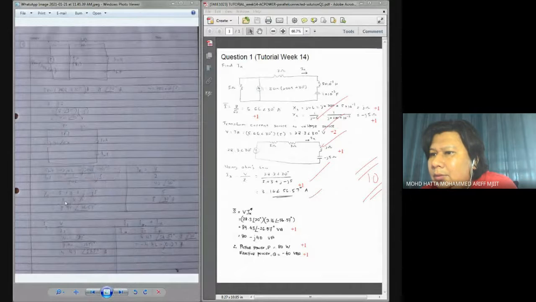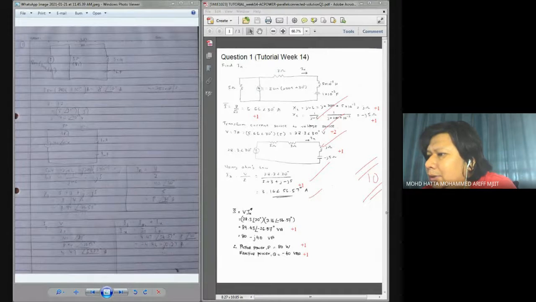And to get the total impedance according to this circuit, the total impedance should be 5 plus 3, and then plus j minus j5. Yeah, this is also correct. The impedance should be 8.94 with an angle of negative 26.